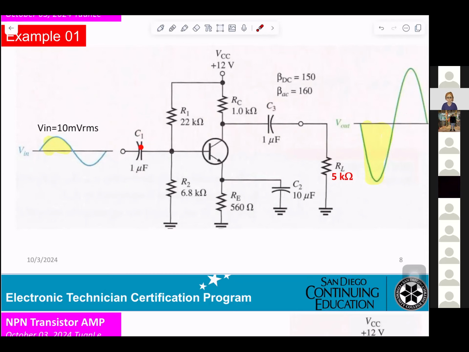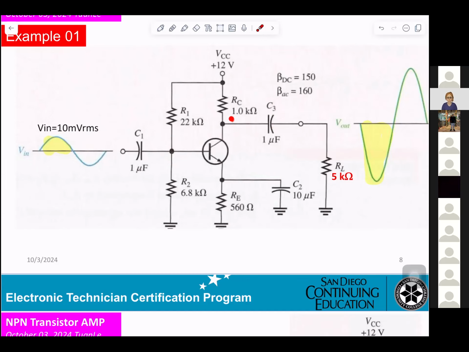Okay? And also, the names C1 and C2. That will be DC blocking or AC coupling. What that means is they do not allow any DC to go to the amplifier, only the AC signal can go. And C2 here, same thing.